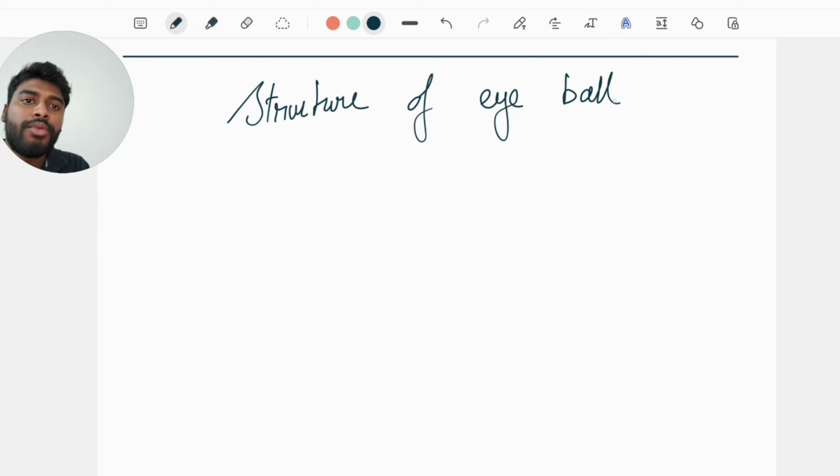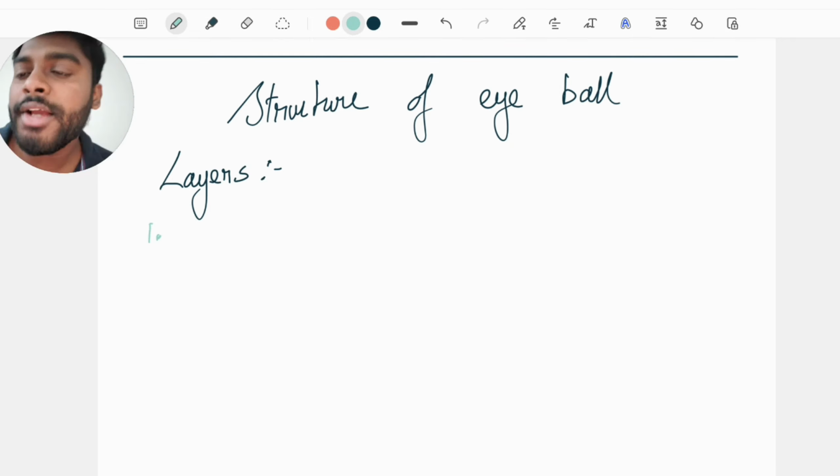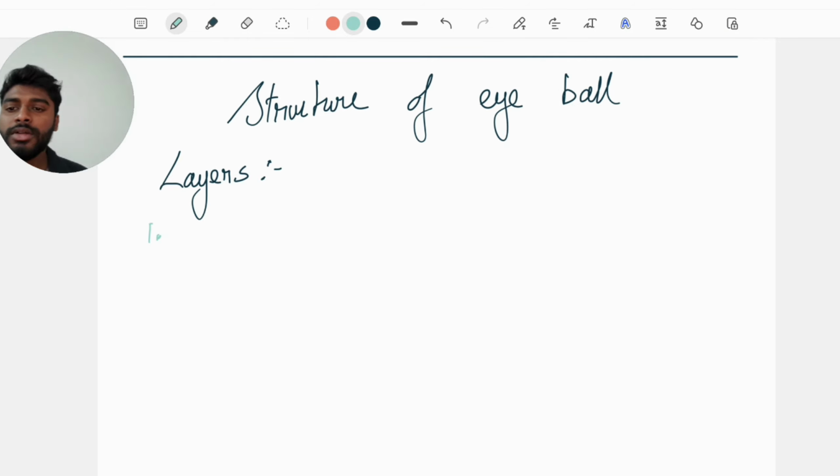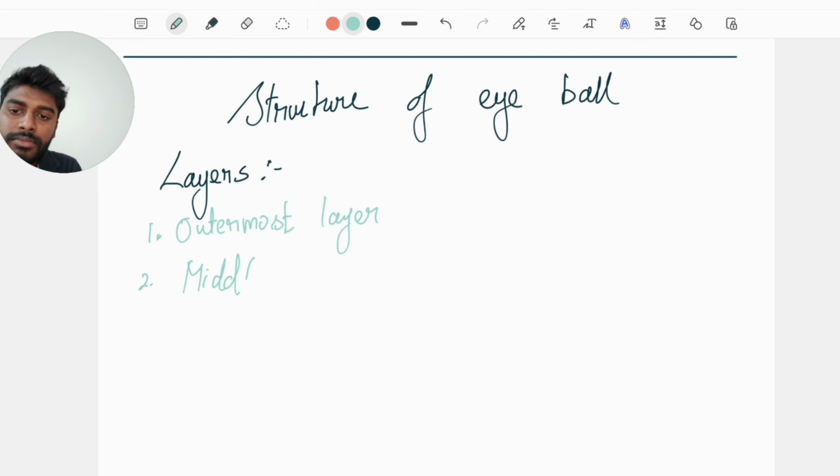First we will move on with the layers. What are the layers of the eyeball? There are totally 3 layers of the eyeball: the outermost layer, the middle layer, then the innermost layer.